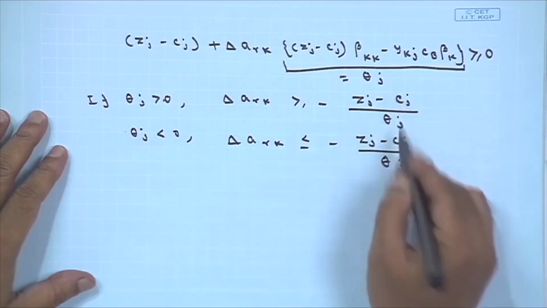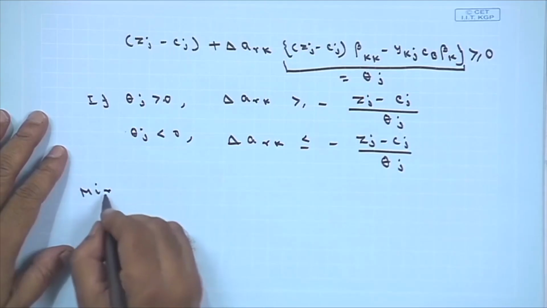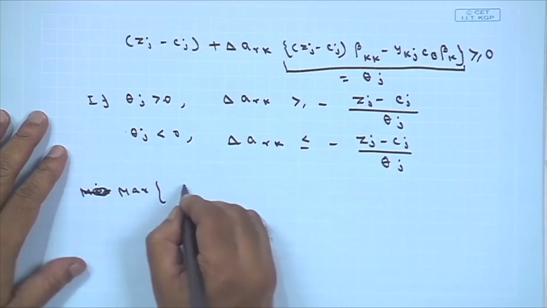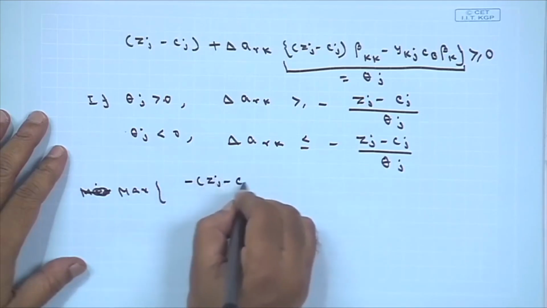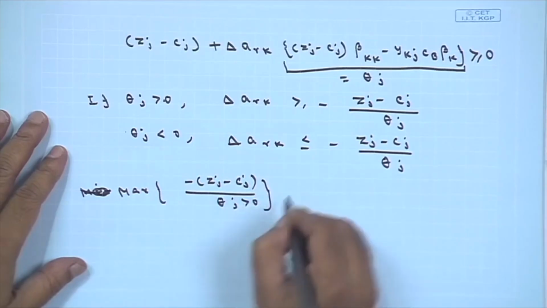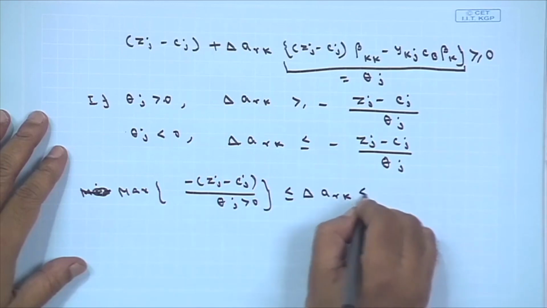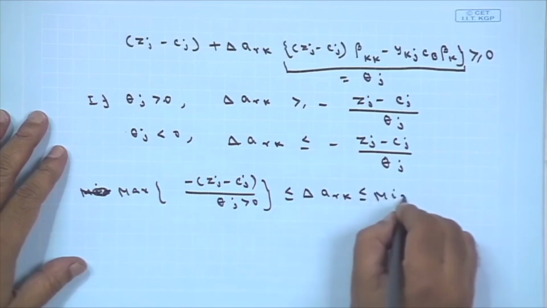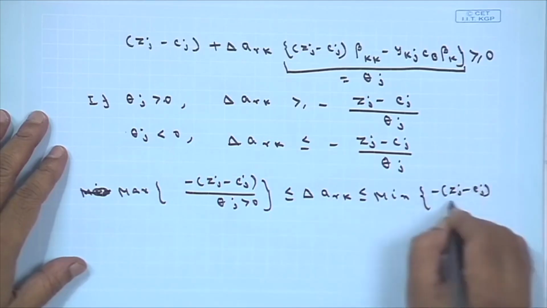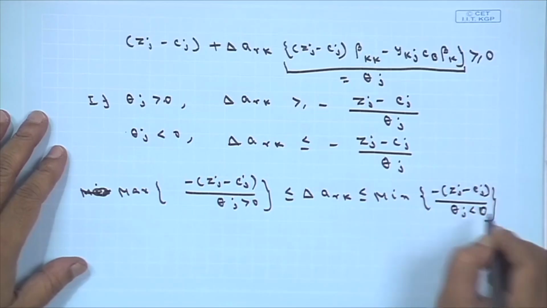If we combine these two, then we will obtain the maximum of minus (z_j minus c_j) by theta_j, where theta_j is greater than 0, less than or equal to delta a_rk, less than or equal to the minimum of minus (z_j minus c_j) by theta_j, where theta_j has to be less than 0.